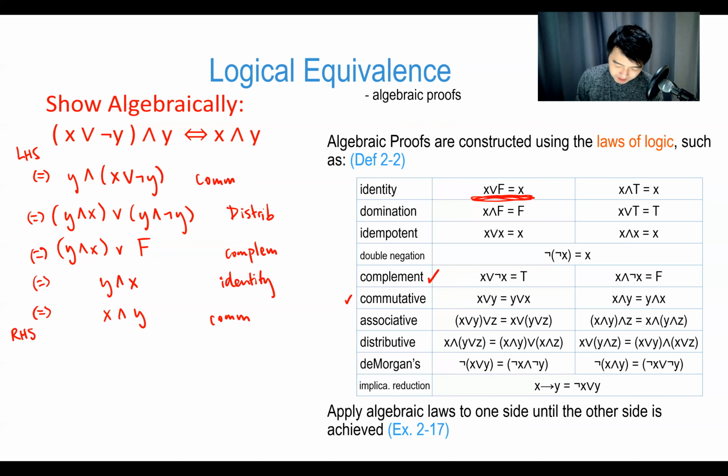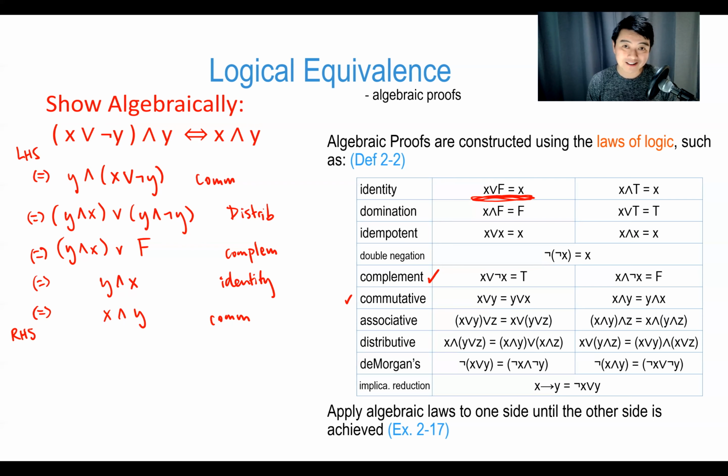Okay. All right. So there are a lot of practice questions in the textbook. So I highly recommend that you go into the textbook and try out some of these algebraic proofs, the proofs involving the laws of logic. They're going to help you a lot. So just understanding how to use the laws, when to use the laws, and in this situation, what strategy should I use for simplifying and everything like that.